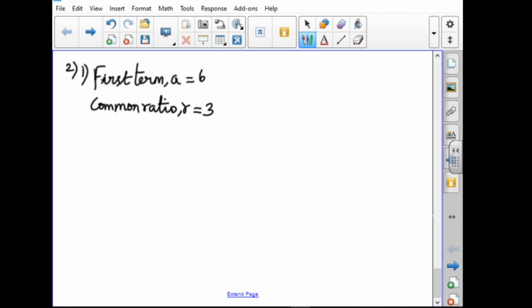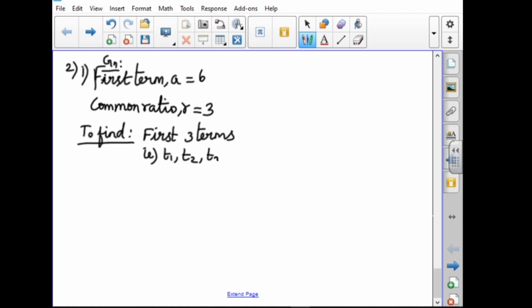To find first three terms, that is T1, T2 and T3.